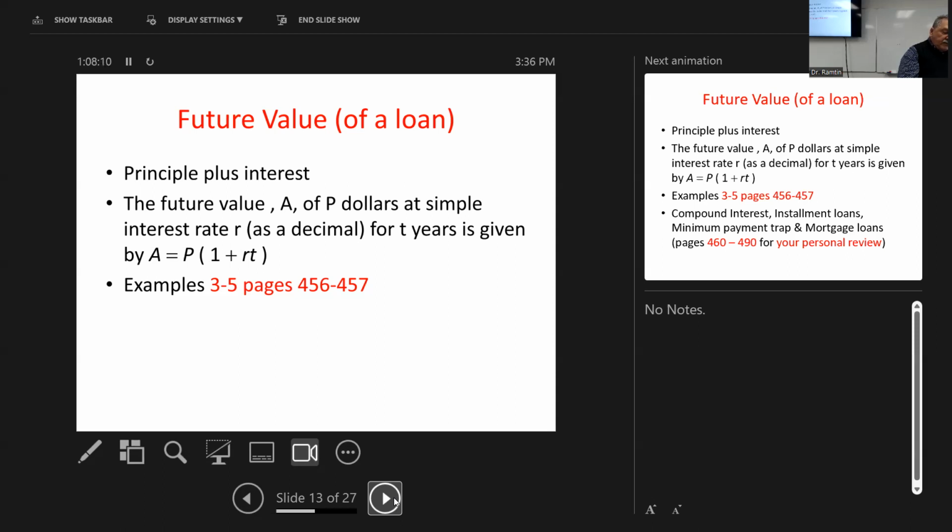So if you want to have $2,000 at the end of 2 years for your trip, you need to put an initial 1851 in the bank, in that CD.